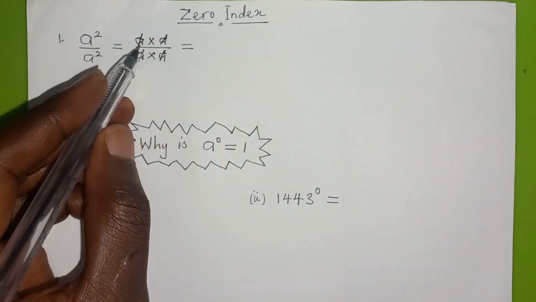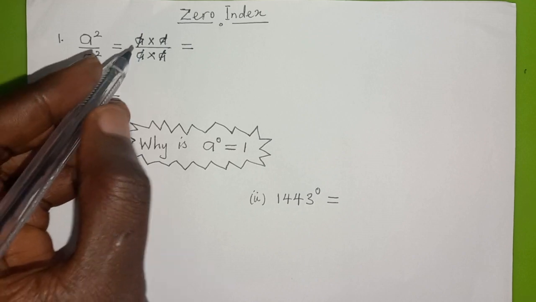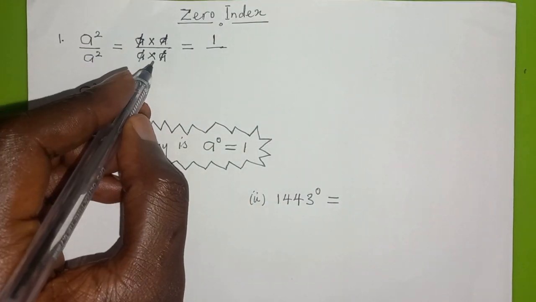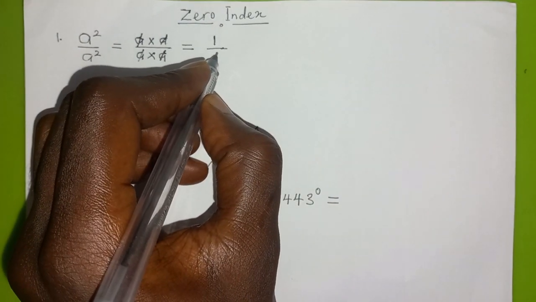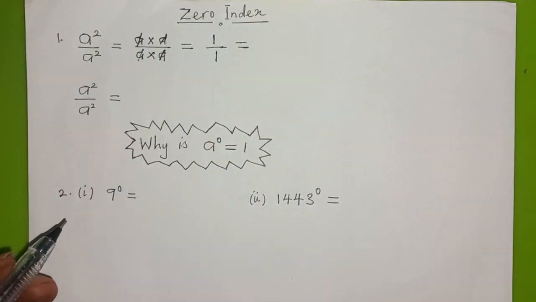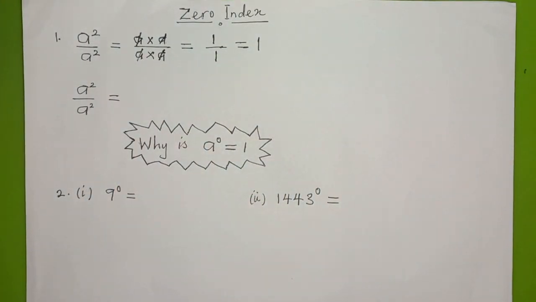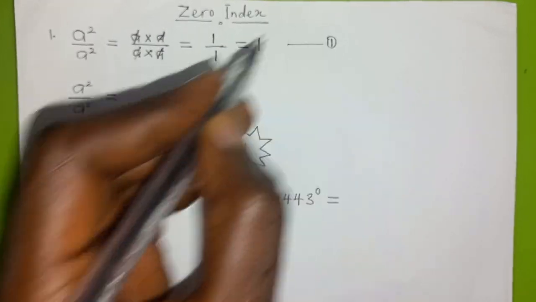At the numerator, if there is nothing here any longer, what will be left is 1 over the denominator as well. We've cancelled the a's out, so what will be left is 1 as well. Now, we know that 1 over 1 is 1. That is basic mathematics. All right, so let this be our first expression.